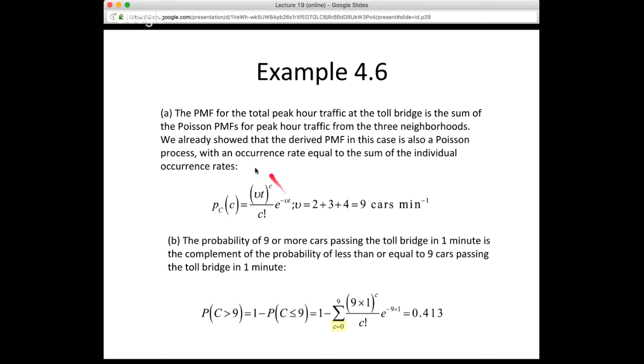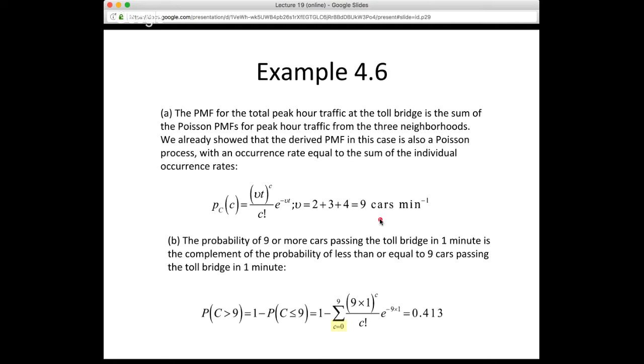This is just the Poisson distribution applied to cars crossing the toll bridge. The key bit here is that the occurrence rate is the sum of the occurrence rates from the different districts, which works out to 9 cars per minute. So that's the answer to part A.